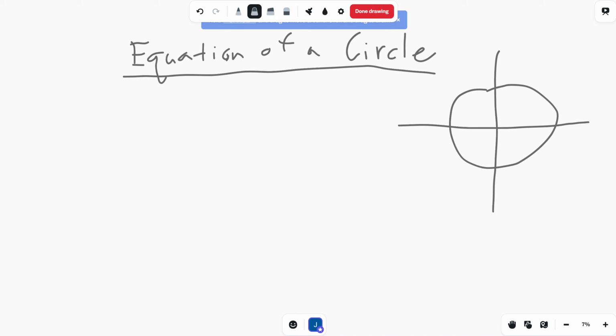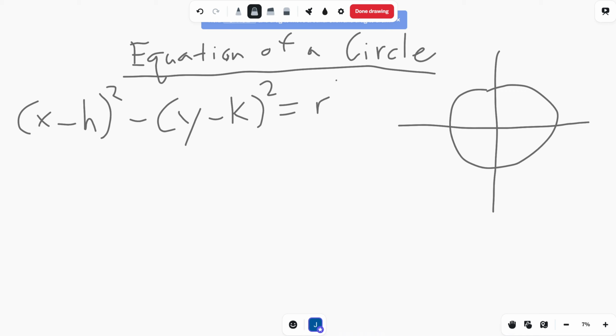Well, all circles are written in the form of this. So this is the equation of a circle.